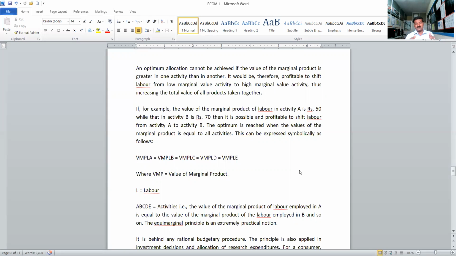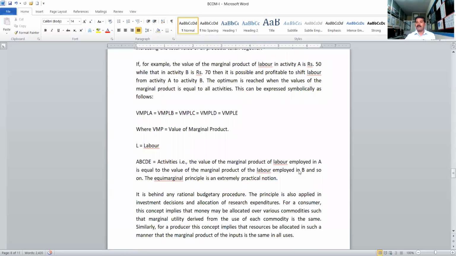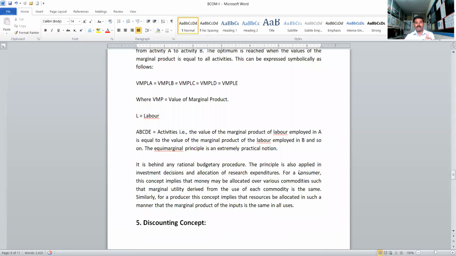This can be expressed symbolically as follows: VMPLA equal to VMPLB equal to VMPLC equal to VMPLD equal to VMPLE, where VMP stands for value of marginal product, L indicates labor, and A, B, C, D, E are the activities.